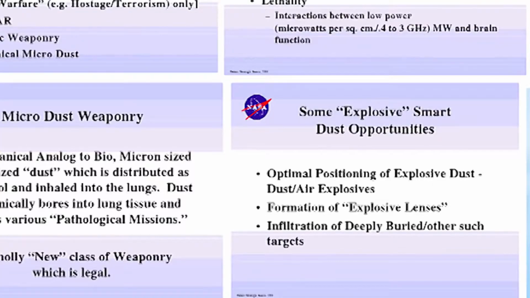What they also have, and this is something that refers to Kara's work, is explosive microdust that can be intelligently moved through the air to certain areas. You can up-concentrate it and form an explosive lens. And it can also go intentionally into human beings to kill them from inside.